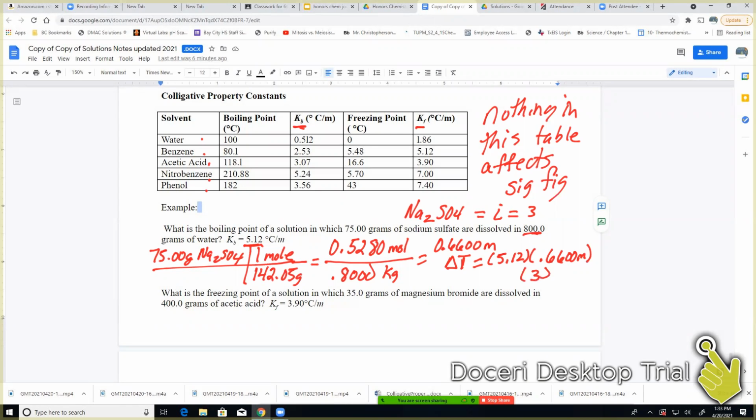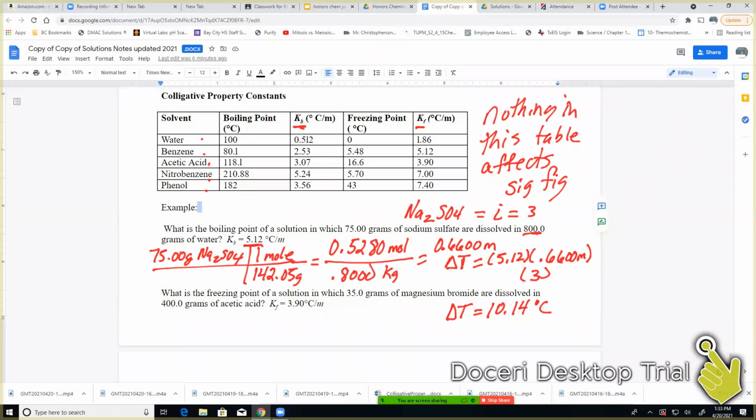My i was 3, sodium sulfate. So I'm simply going to multiply those 3 things together to get my change in temperature. And when I did, I got 10.14 degrees Celsius. So that's how much the temperature is going to change.